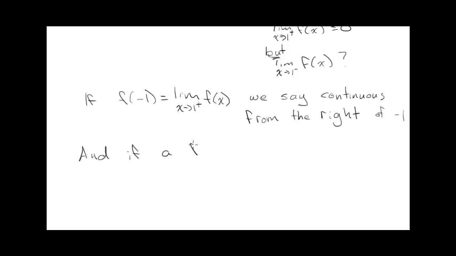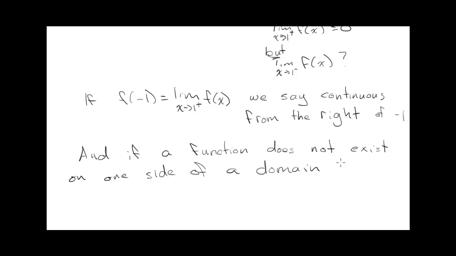And if a function does not exist on one side of a domain, like that example, then continuous on the interval just means continuous from the left or right, whichever side is appropriate.